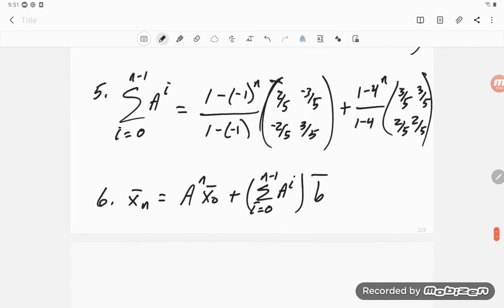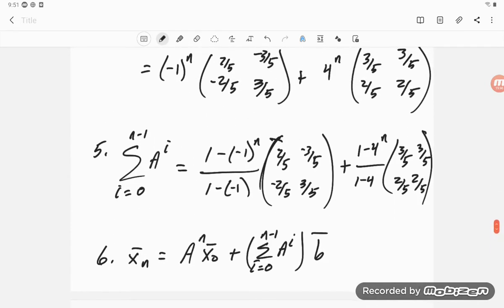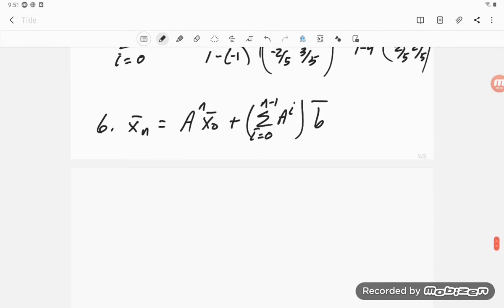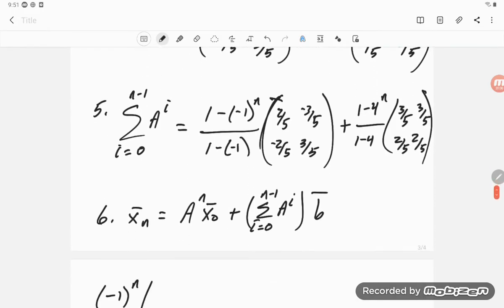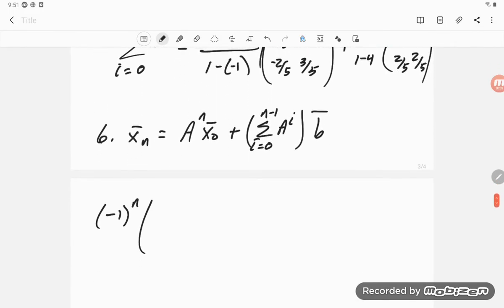Okay, so I have negative 1 to the n. And what do we have there? 2/5. So I'm going to do the u's and v's here, right?